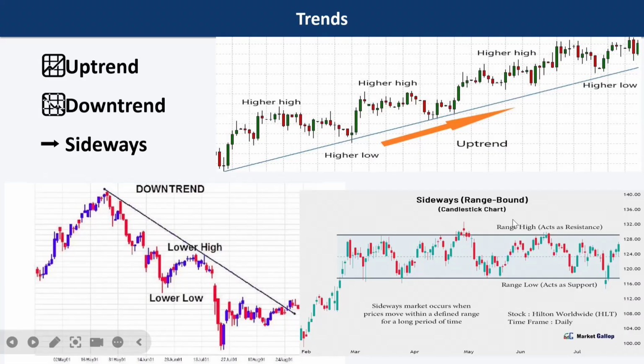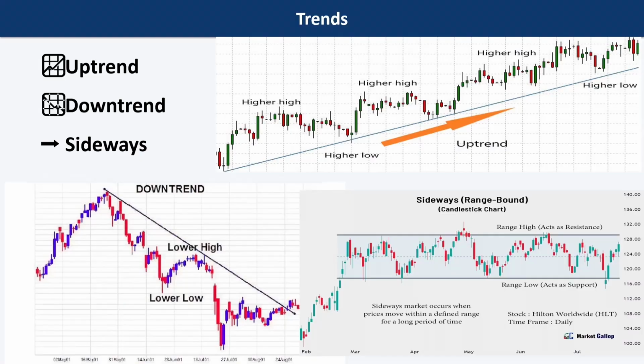It is called sideways. Sideways means here you can see the prices are increasing and decreasing. It is having change, but very little change you can see. A sideways market occurs when prices move within a defined range for a long period of time.